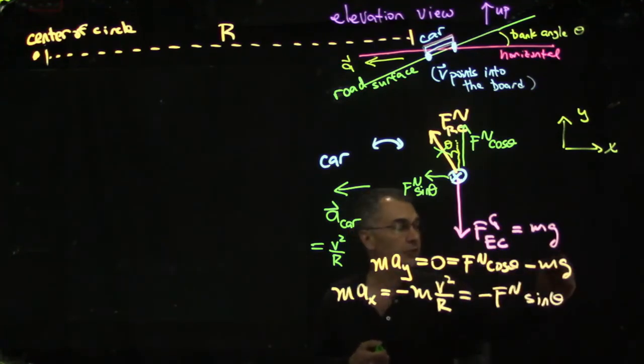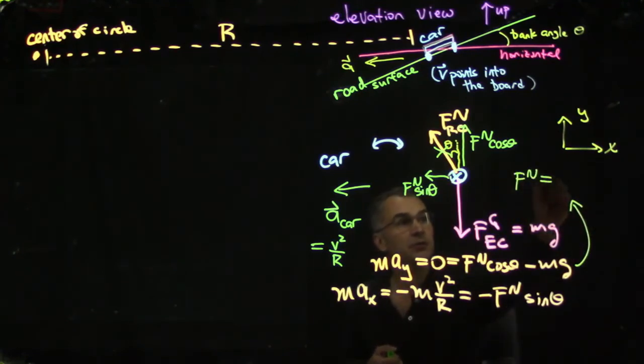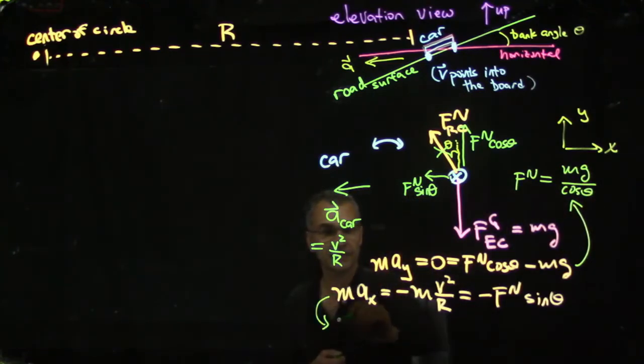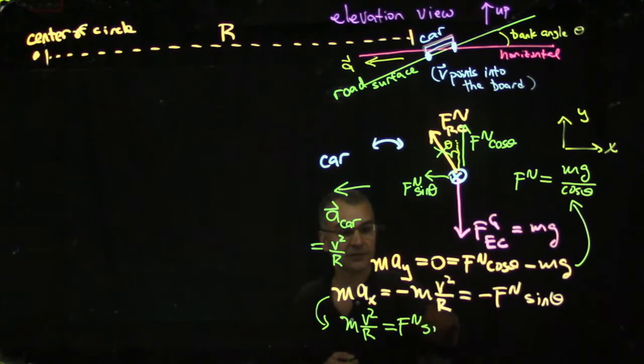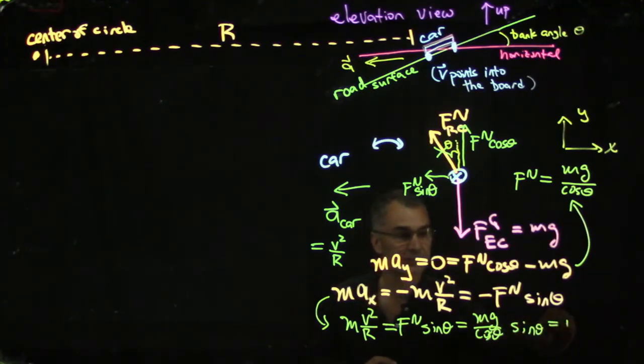So this first equation seems to give us F normal equals mg divided by cosine theta, which is a kind of funny looking result. And this second line gives us m v squared over r equals F normal sine theta equals mg over cosine theta times sine theta equals mg tan theta.